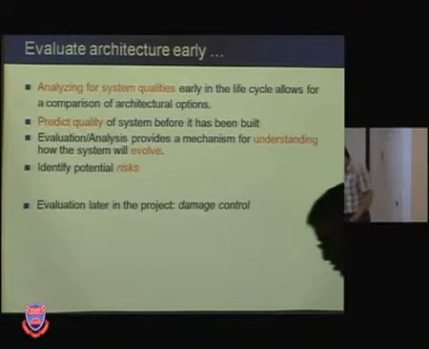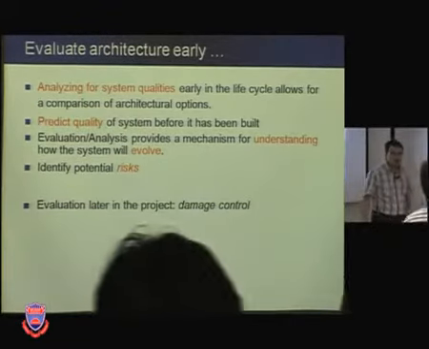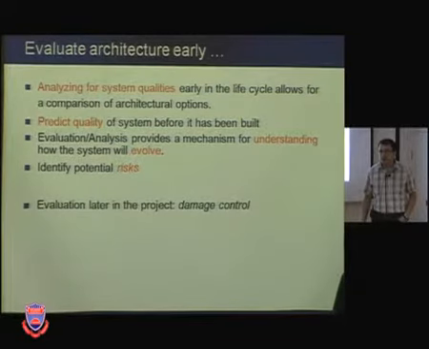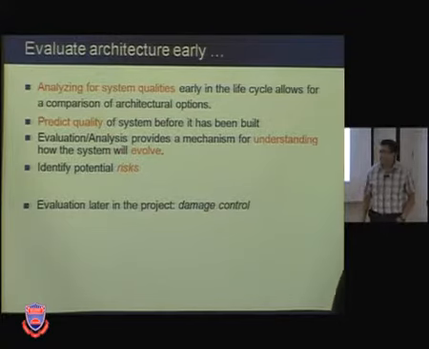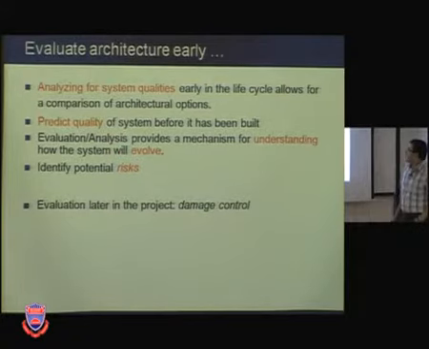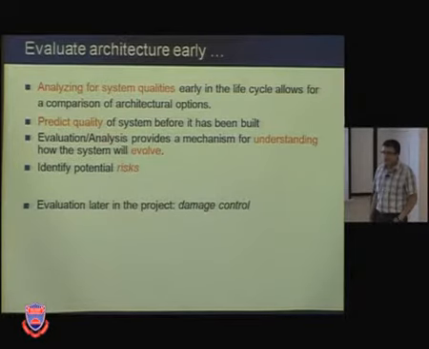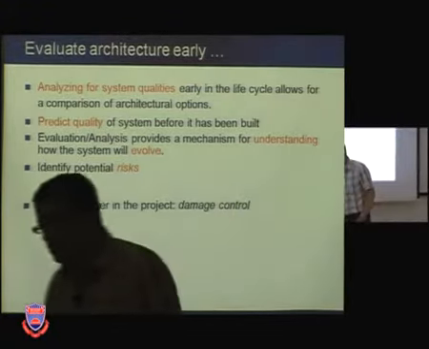This was the issue last week. Architecture is very important. It has the largest impact on the software development project, on the life cycle. And so implementing the architecture costs lots of resources. So it is wise to evaluate the architecture early on and not later on.